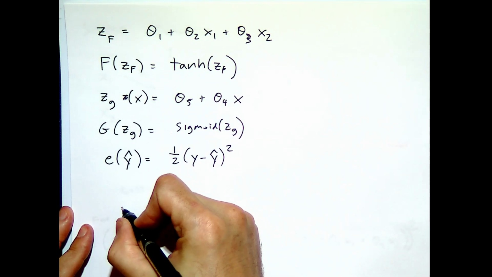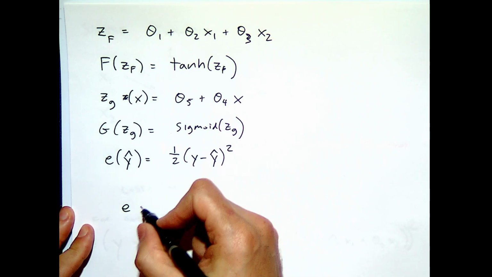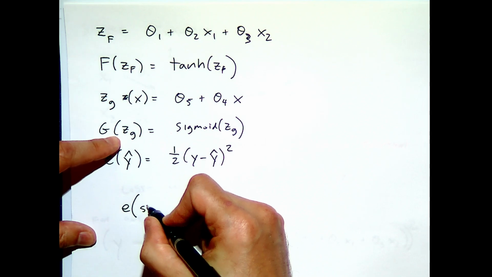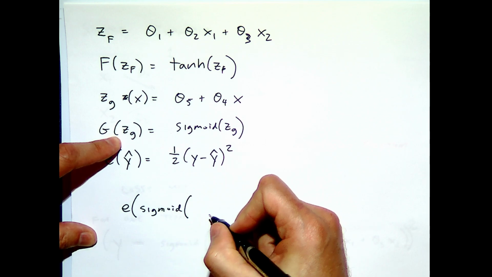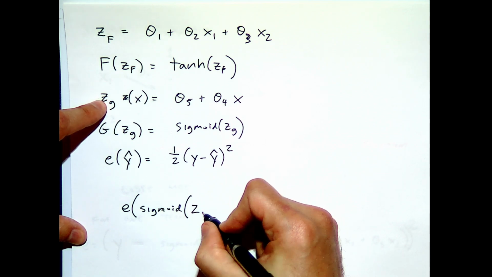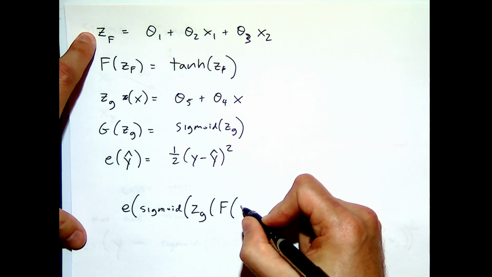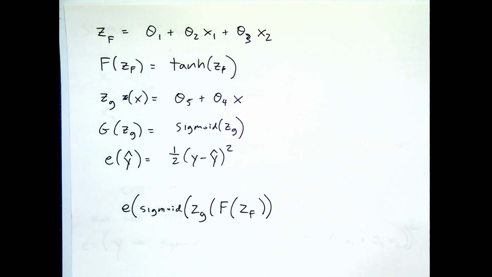So my error is actually this E function of the sigmoid function of the z_G function of the f function of the z_F here, right? And so that's basically one piece of the loss term, this nested parenthetical.